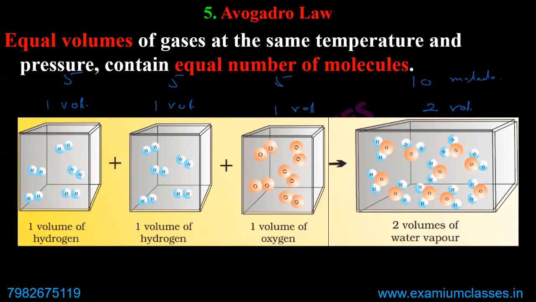So this ratio will remain same. That's what Avogadro said. And this is obviously true, and it has to be true because atoms can neither be created nor destroyed. If they combine in such a manner, the number of atoms will remain same. They can't change.